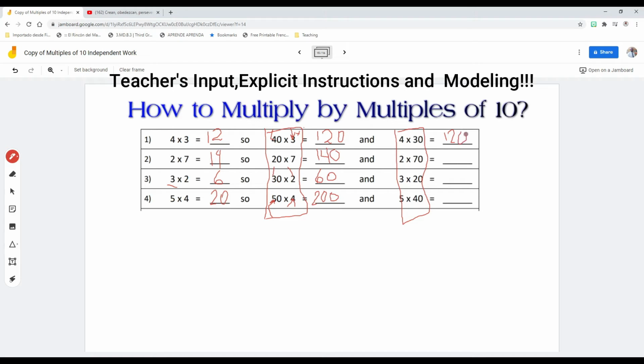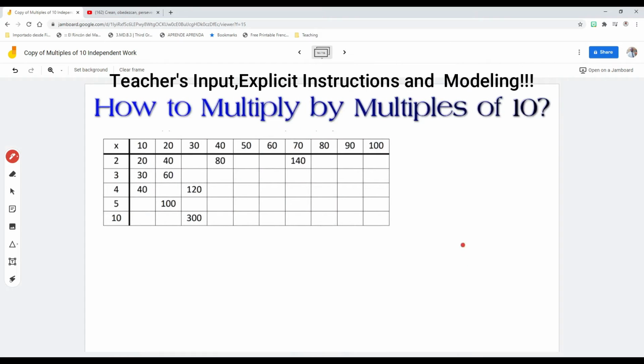So just add 0 to that. 2 times 7 is 14, and then just add 0 to that. 3 times 2, we know that is 6 because we have done that previously, and just add 0 to it. 5 times 4 is 20. We know that previously. And then we have 20 here, and then add 0 to it and that'll make it 200. Those are easy ways how you can find the multiples of 10.